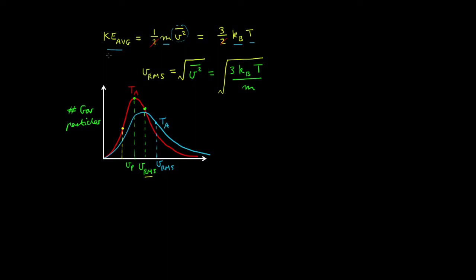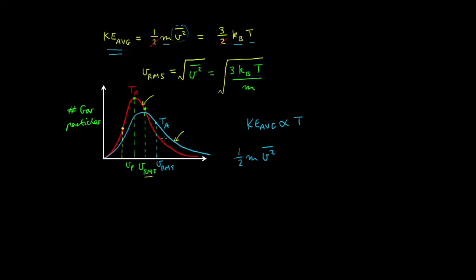So remember that the average kinetic energy for an ideal gas is proportional to the temperature. And the average kinetic energy is 1/2 by the mass of a gas particle by the mean square velocity. So that means that this distribution of velocities is for a gas that has a smaller mass than this gas over here given by this red distribution of velocities.